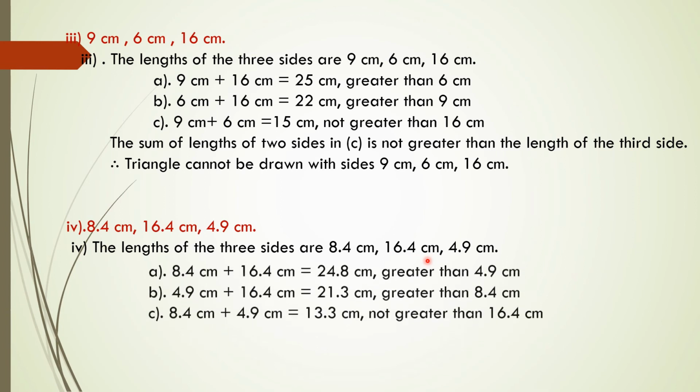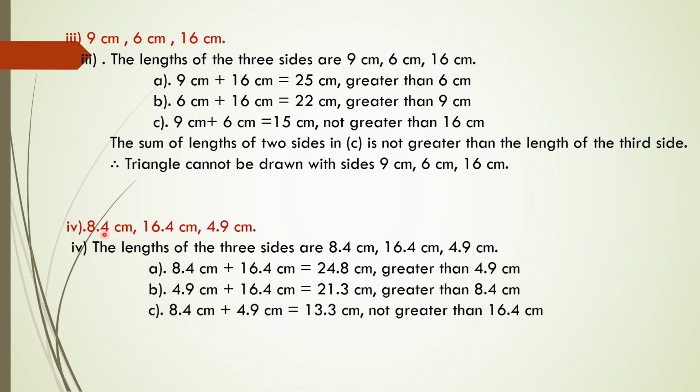First I am taking 8.4 and 16.4 as the sum of the two sides and the third side is 4.9. First one, 8.4 centimeter plus 16.4 centimeter is equal to 24.8 centimeter, that is greater than 4.9 centimeter. This condition is satisfied.